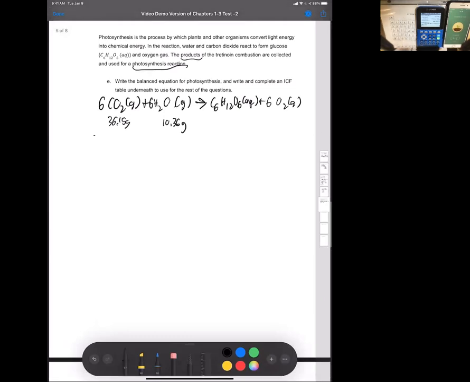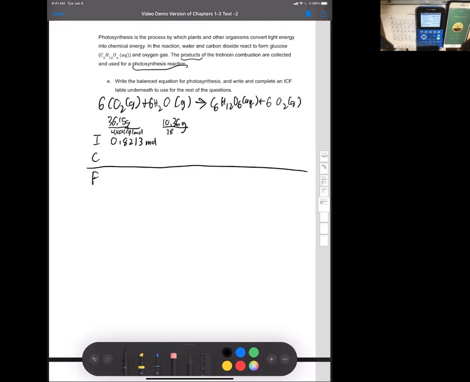And write an ICF table. Draw the line because this is addition, and write the complete ICF table underneath. We're going to go for moles. I'm just going to plug this into the calculator, divide by 44.01, and I'm going to get 0.8213 moles of CO2.